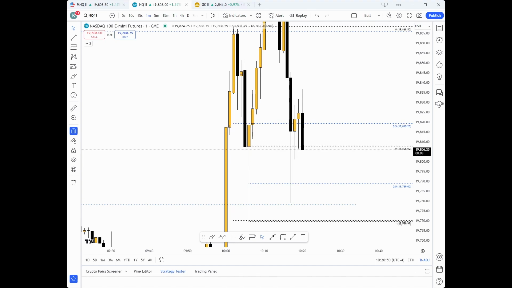Did anybody take a short in there, by the way? That was challenging to hold on to. Tom might have considered it with the imbalance. No?